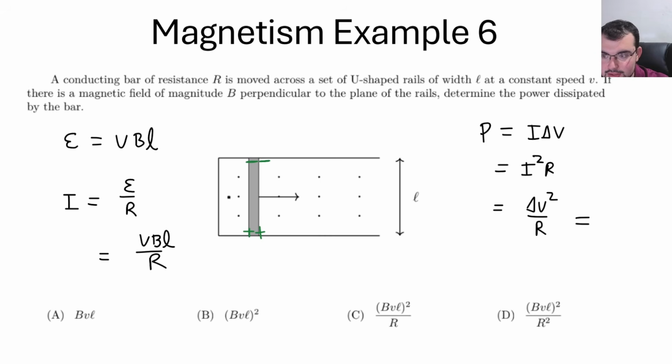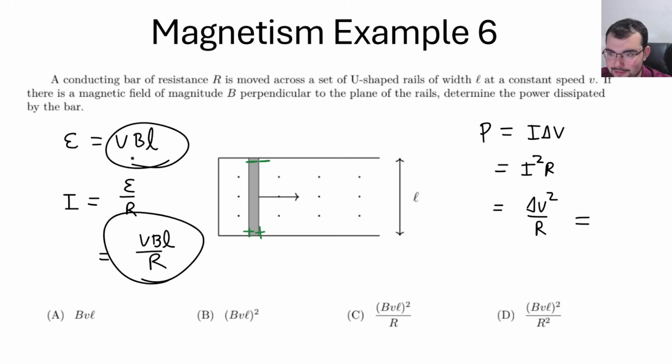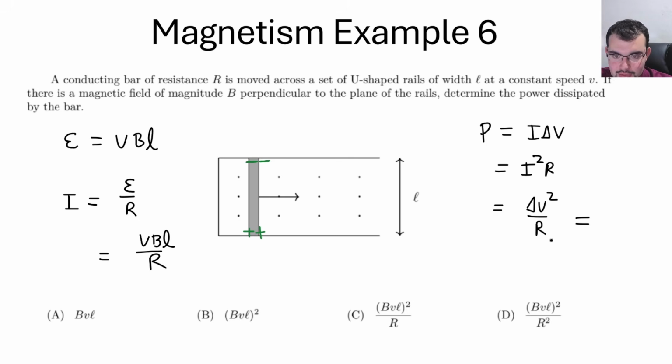But I actually think it's way easier to use this power formula because we know the induced EMF is VBL on these bar problems and the resistance is R. So it's that one.